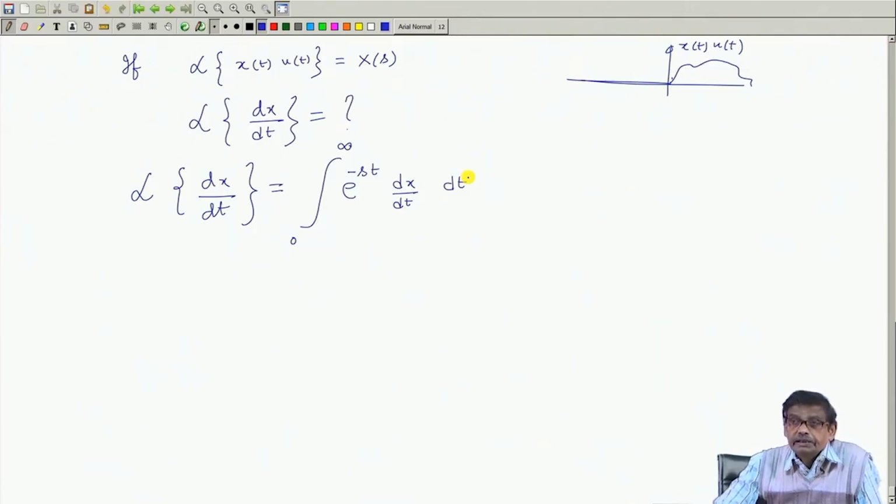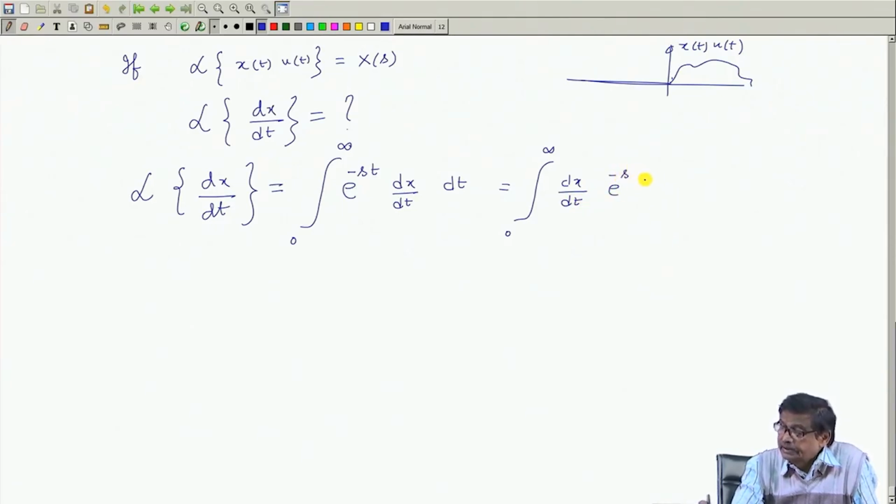So, this will be the thing. What is known? Laplace transform of x(t) is known. Now, this I will write as integration of 0 to infinity, first I will write this function dx/dt into e to the power minus st dt.